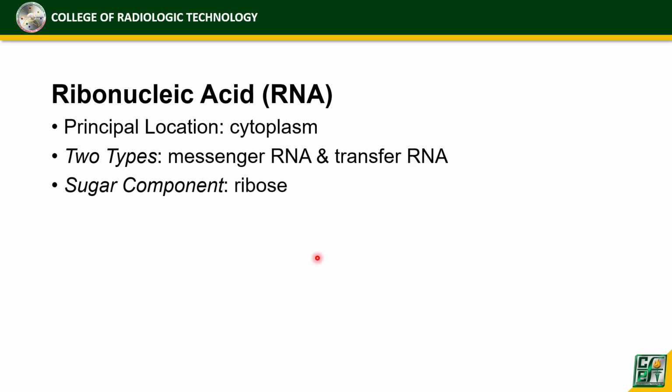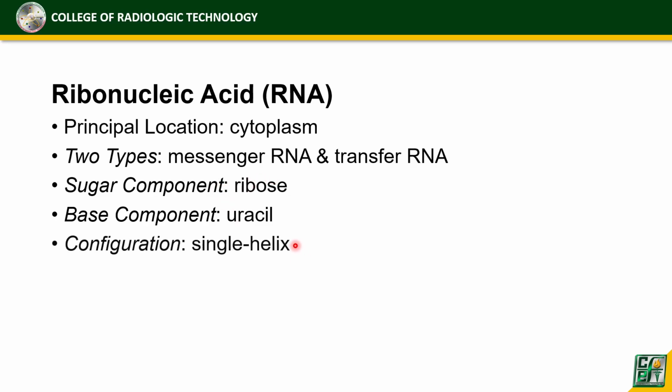So the sugar component is the ribose compared with the deoxyribose ng DNA. Then the base component is uracil. Okay, uracil, remember. And DNA ang base ay thymine. Then the configuration is single helix. Okay? Compared sa double helix ng DNA.